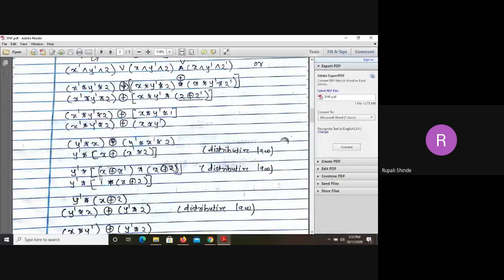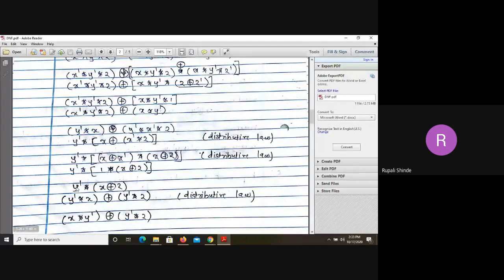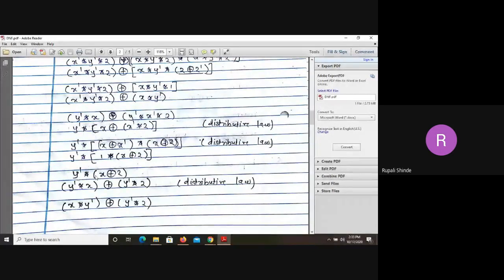So again value for this X XOR X complement. So again 1 plus 0. So value for this term is 1. 1 star X XOR Z. So again if you multiply this term by 1, you will get same term as X XOR Z. So we will get Y complement star X XOR Z. So now again we have to apply distributive law as Y's complement star X. This is first term XOR Y's complement star Z. This is second term.